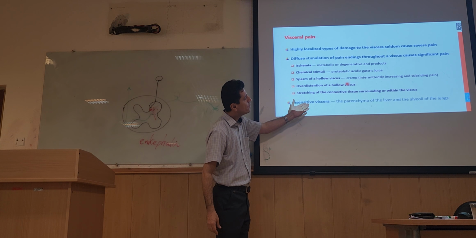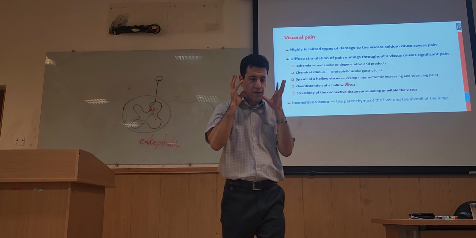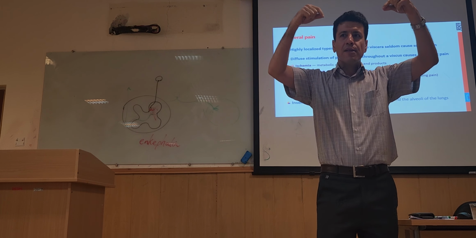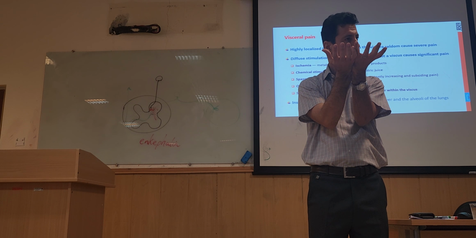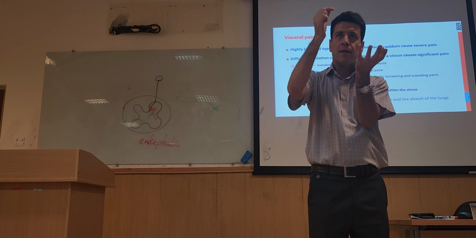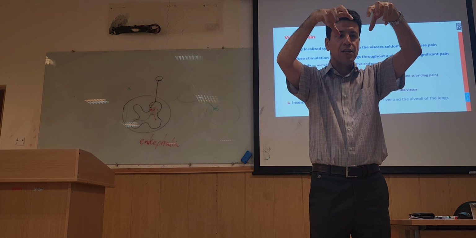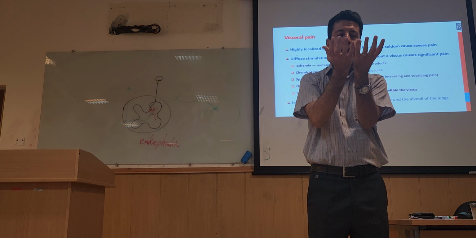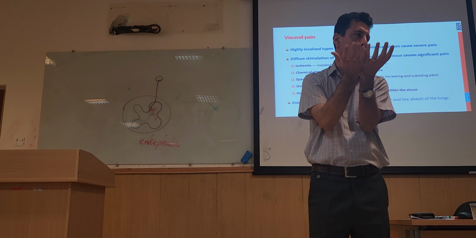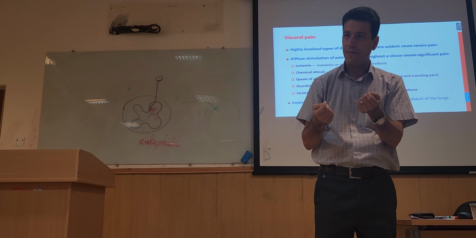Stretching of the connective tissue that surrounds the viscus. For example, you can imagine the brain. It's suspended in the CSF inside the skull. Right? So the connective tissue that hangs the brain inside the skull has several nociceptors. So you know LP, lumbar puncture, right?